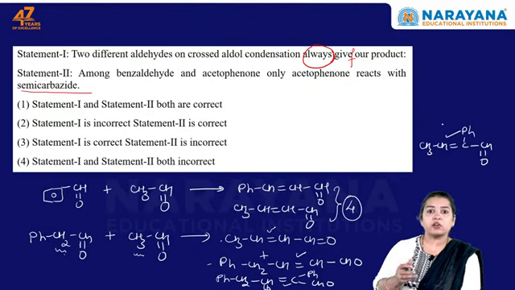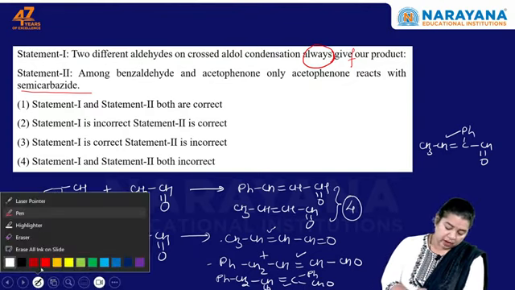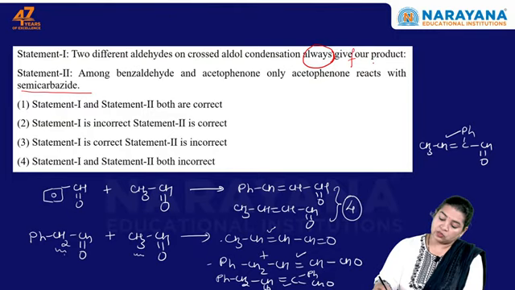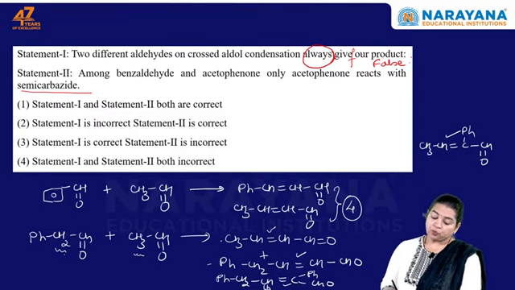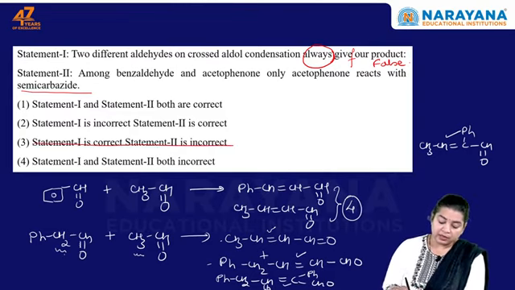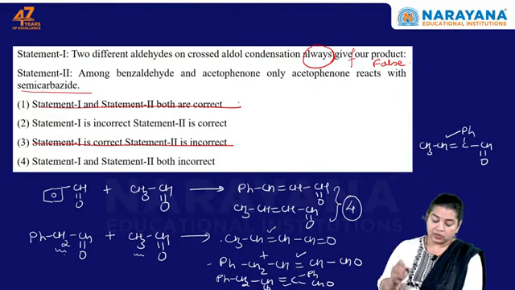We have 8 aldol products. So after all of this discussion, all of you have now got that this first statement is incorrect. It is false. So this can't be the answer.